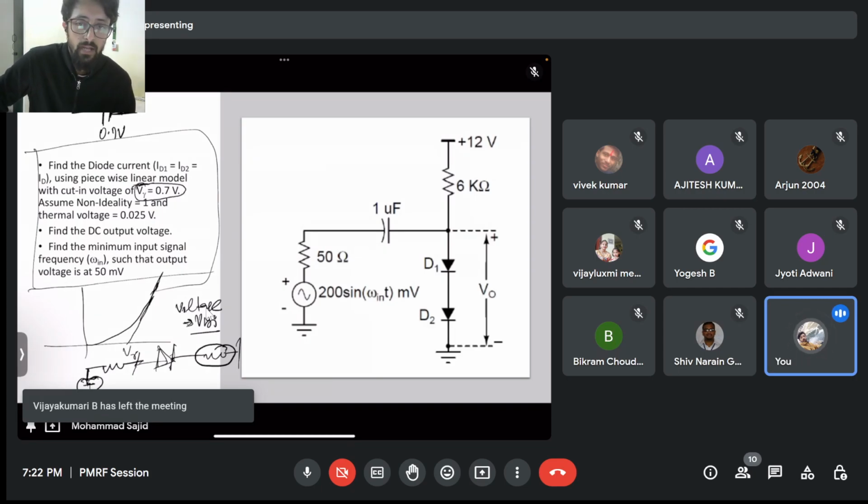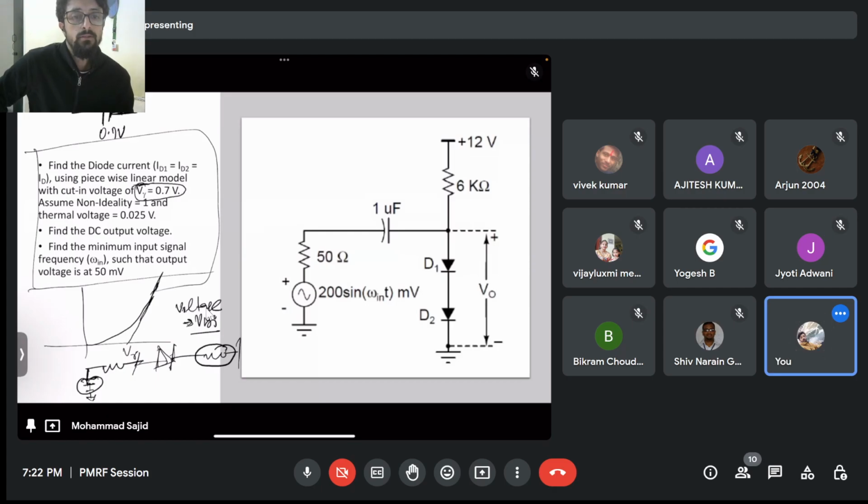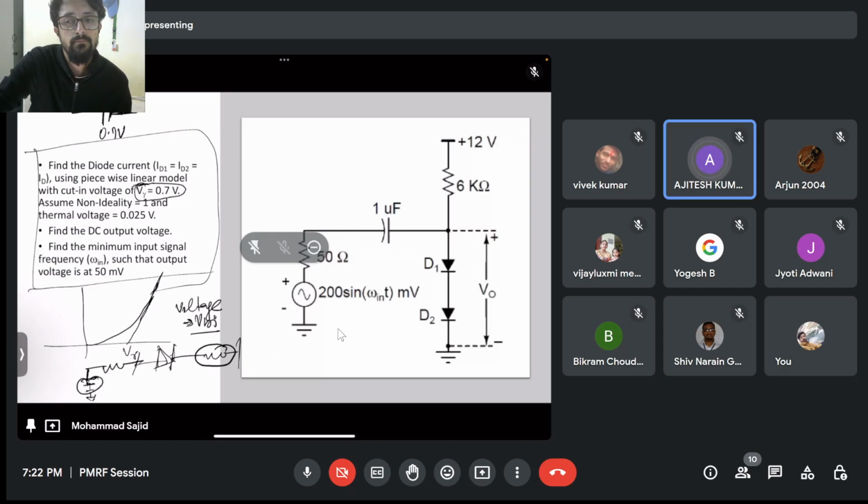You will understand the diode principles once you see the band diagrams of the diode. Has anybody studied the band diagram? Has anybody seen the band diagrams of a diode? No, sir.